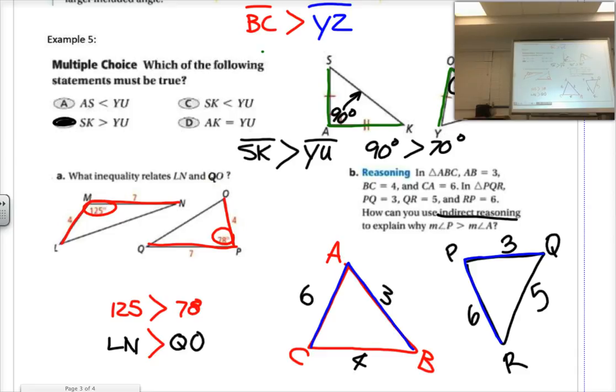Now, how do we know that angle P here is greater than angle A? Well, we're doing the same thing that we were doing before, but now we're looking at the side length. So this side length of 5 is greater than 4. And 5 is opposite angle P, and 4 is opposite angle A, so we know that P is greater than A.